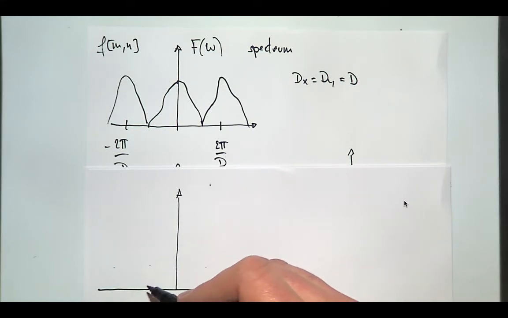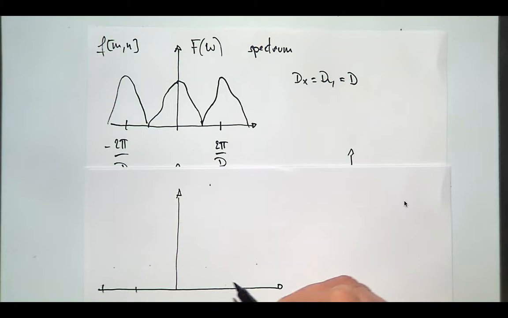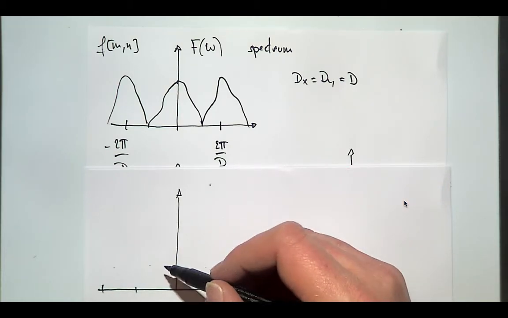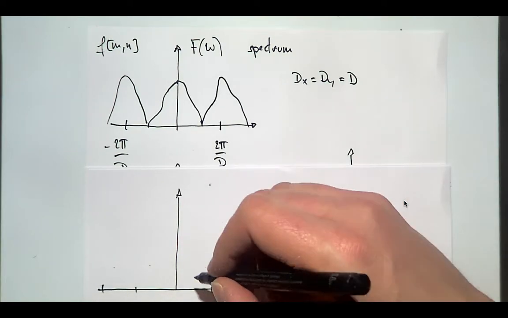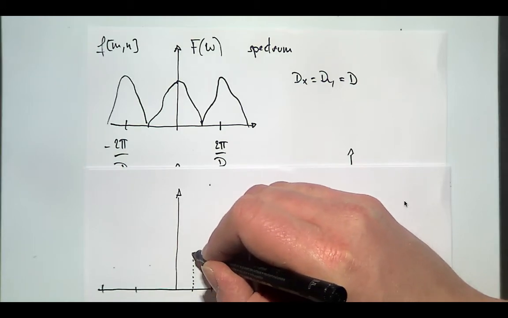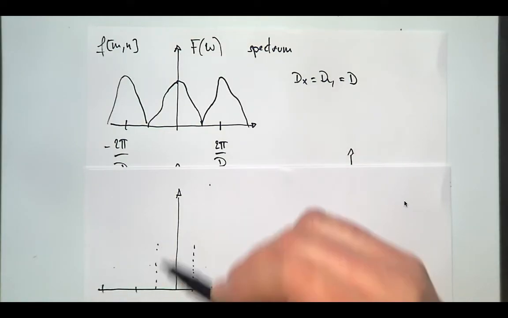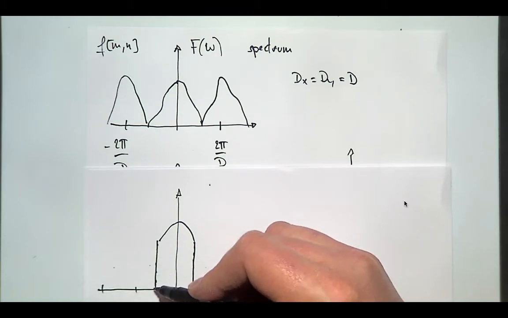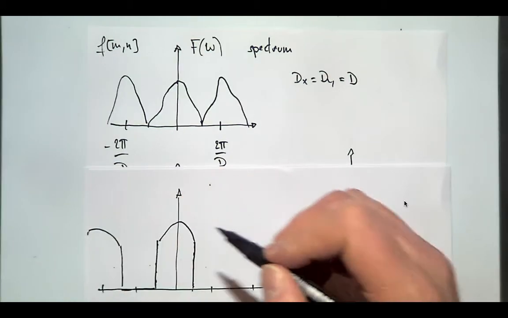Somehow what we need to do is, okay, so we know that we're going to be sampling at pi over d now. So we know from Nyquist that we should remove all this part here. Okay, so we should be very careful of what's going on. We can only really keep that part of the signal. So somehow we need to cut off the frequency here and only keep these lobes here.